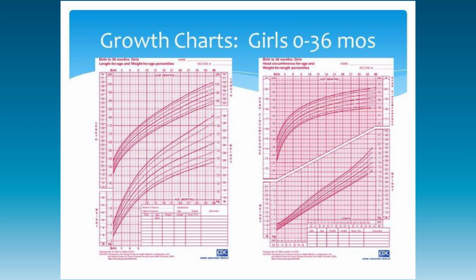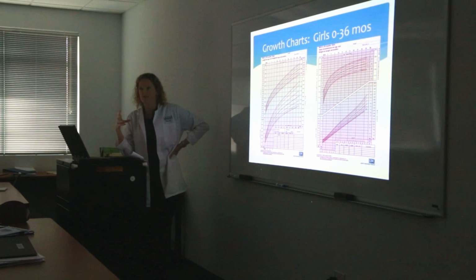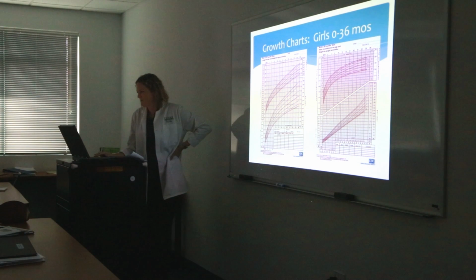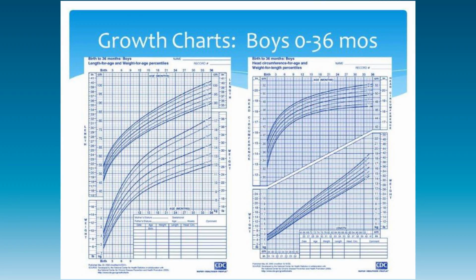It can mean the brain's not developing. And if it's plotting large, it can mean that they have fluid in their brain. So it's an important thing to plot. And their brain grows the most during the first 3 years. So that's why we look at it for 0 to 36 months, but we don't look at it after about 3 years. So just for the 0 to 36 months, for boys and girls, we do the head circumference.